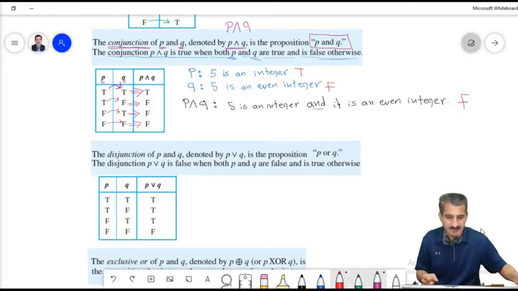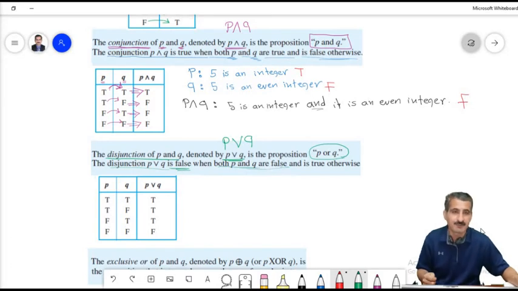Now here is another logical operator, which is the disjunction of P and Q. This is P or Q. It is read this way, P or Q. And this says this disjunction is false whenever both propositions are false, and true otherwise. So it is false when both of them are false. But if any of them is true, then the disjunction is true.